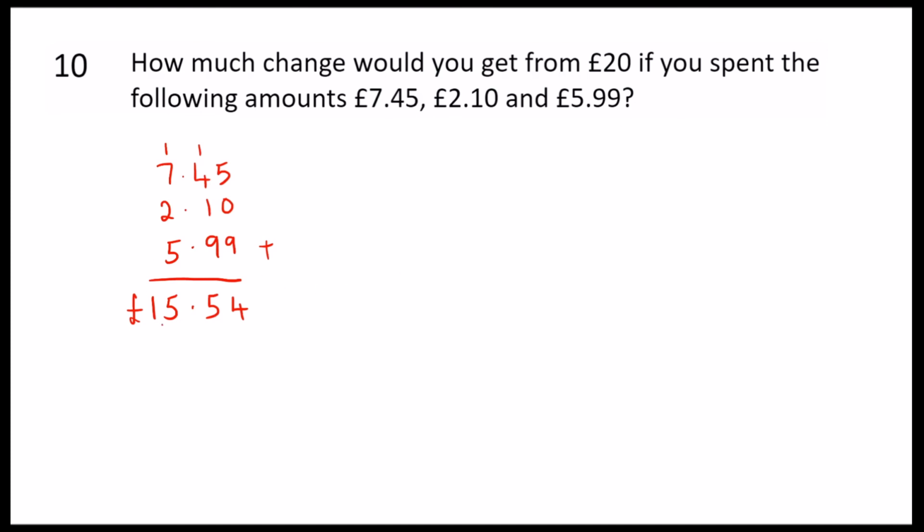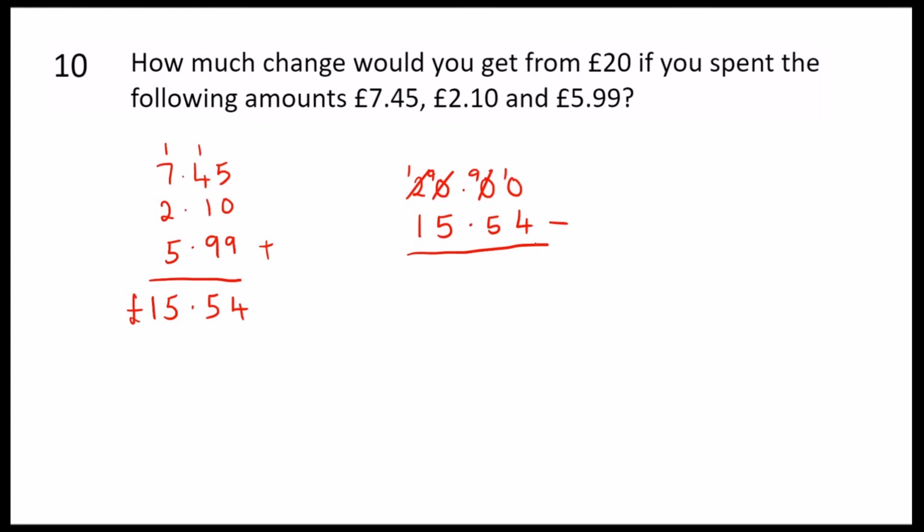Now we want to work out how much change we get from £20. So the next thing is to take 20 and subtract 15.54 from that. Now firstly, I'm going to want to borrow from this 2 just here to make this 10. I'm going to need to borrow from that 10 to make this 10, and then borrow from this 10 again here to make this 10 here.